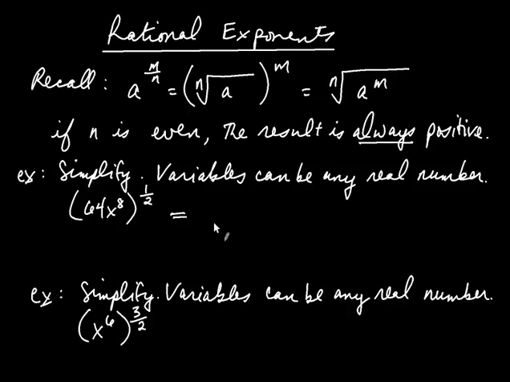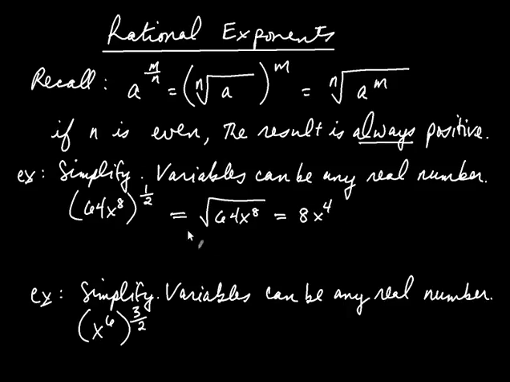So this is equal to the square root of 64x to the 8th, and the square root is always positive. The square root of 64 is equal to 8, and then for the exponential expression, you take the exponent and divide by the index. So 8 divided by 2 is 4, so we get 8x to the 4th.